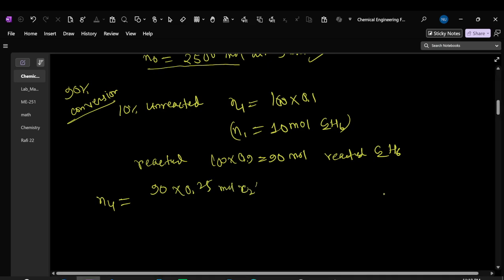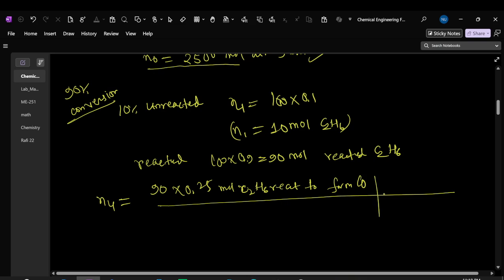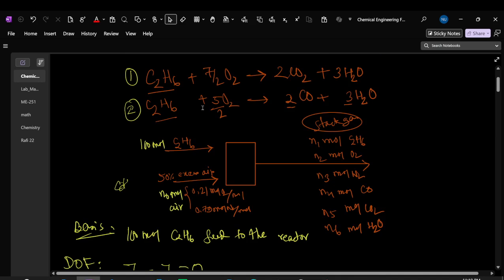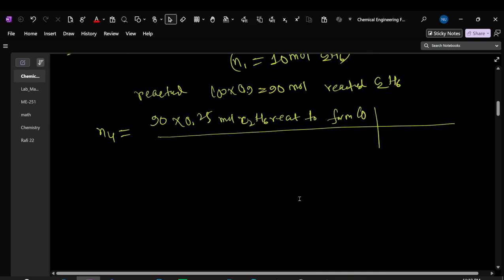Also, in reaction number 2, for 2 mole carbon monoxide produced, 1 mole ethane is needed.